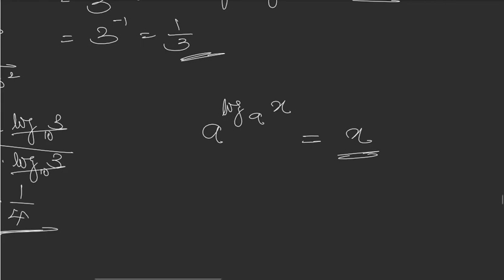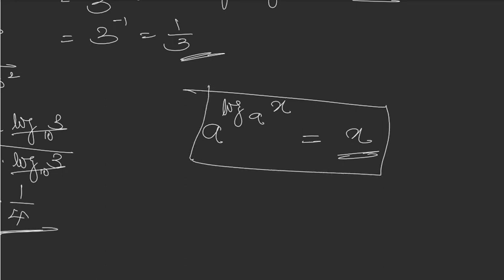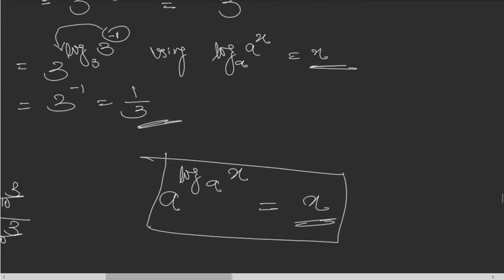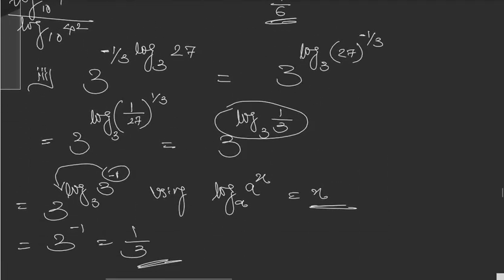If we had used this formula, which they have not described earlier but are now telling in the solved examples, then the answer would have come very easily. So how could we use that formula directly?